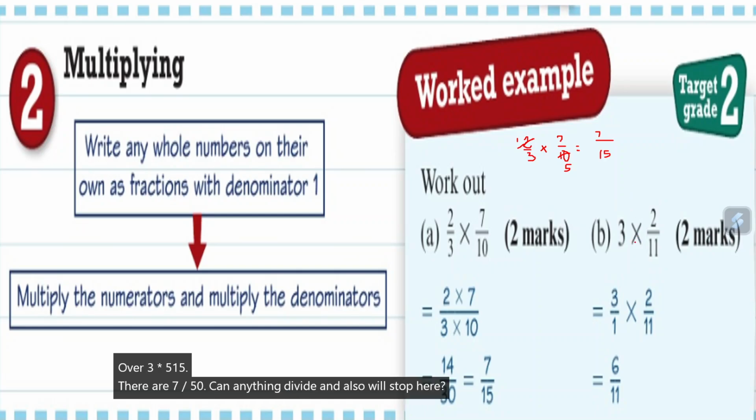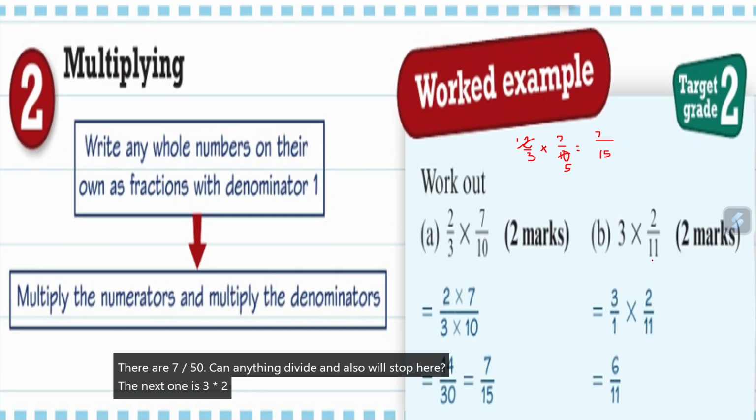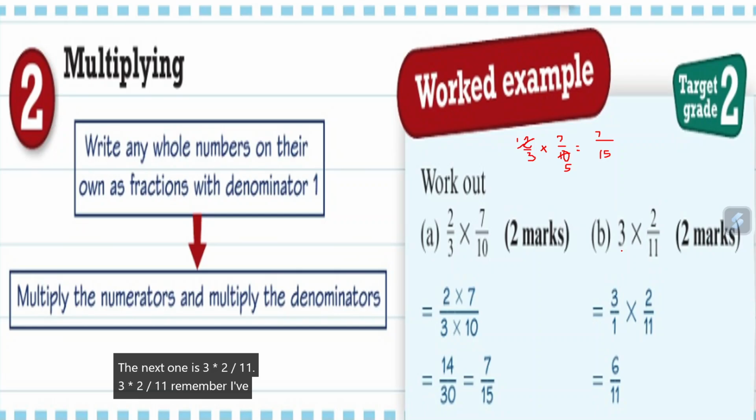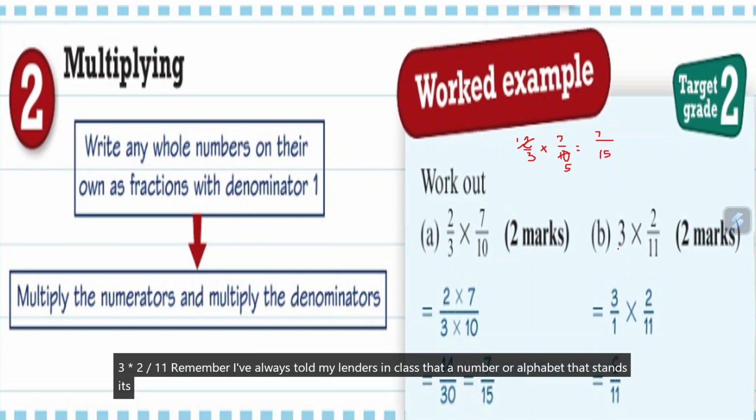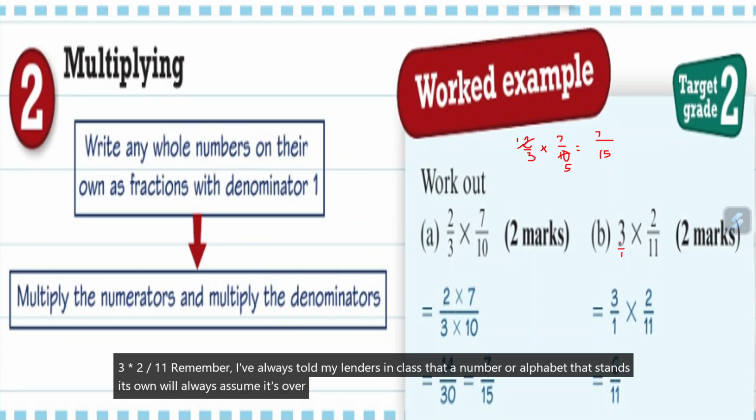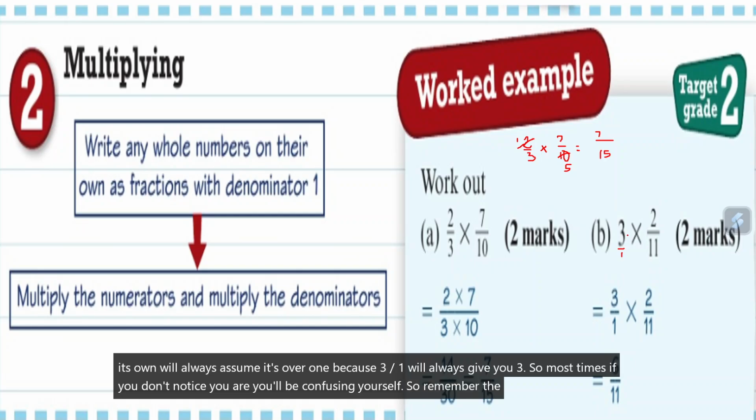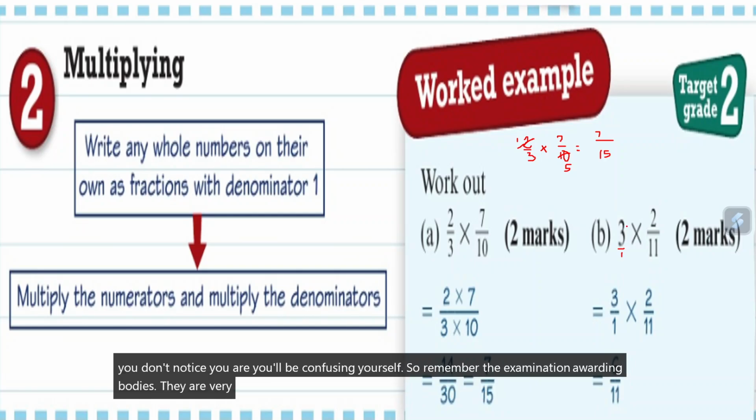The next one is 3 times 2 over 11. Remember, I've always told my learners in class that a number or alphabet that stands on its own, we always assume is over 1, because 3 divided by 1 will always give you 3. Most times, if you don't know this, you'll be confusing yourself. Remember, the examination awarding body are very good at confusing learners.